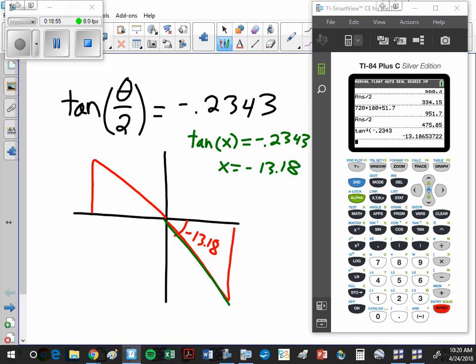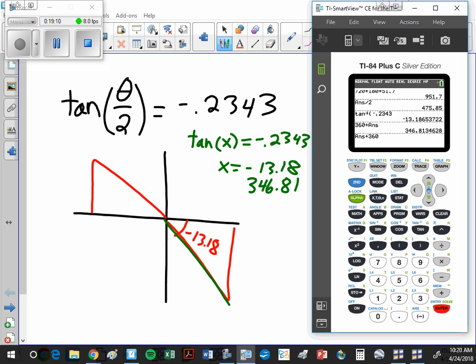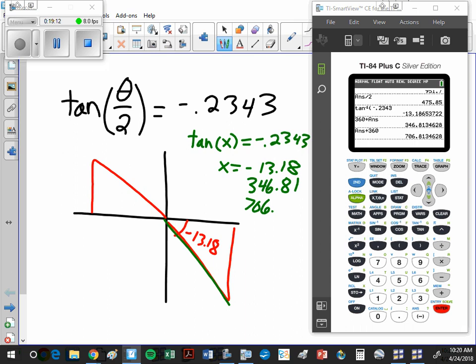So x could be negative 13.18 or 360 minus that, so it could be 346.81, or I could add 360 to that, and it could be 706.81, but it could also be this angle.